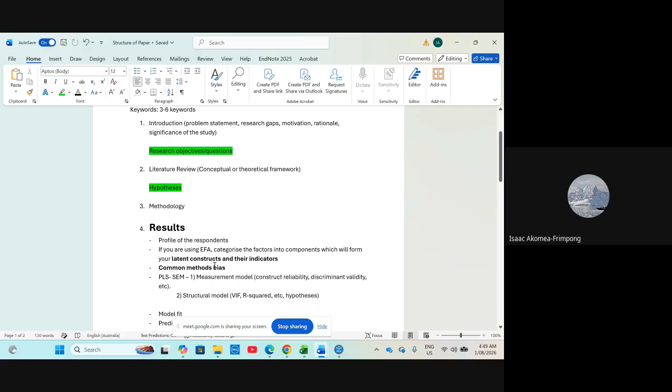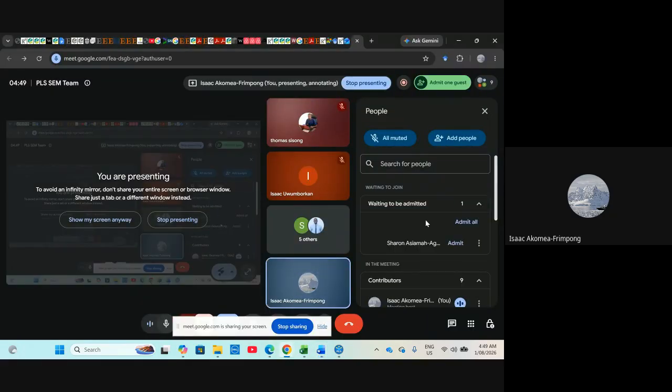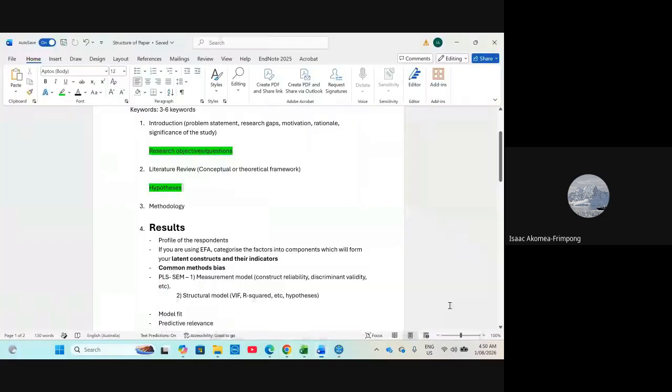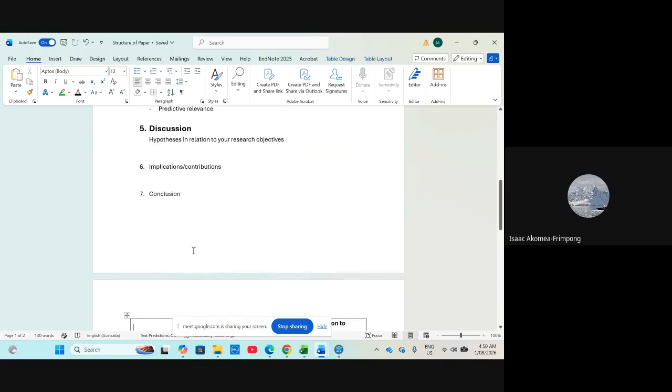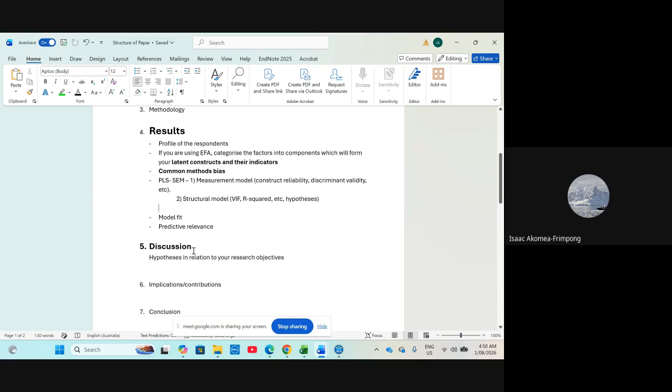So when you get to the discussion part, you focus on the objectives, you focus on the research questions, and see whether the results that you had in section 4 have helped you to address them.